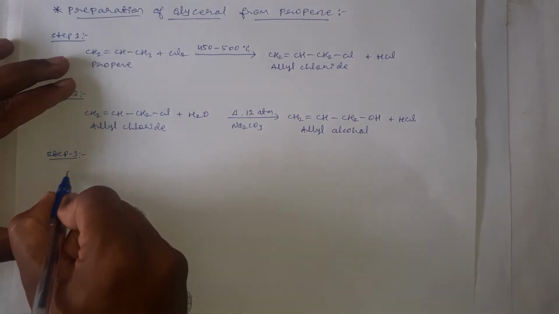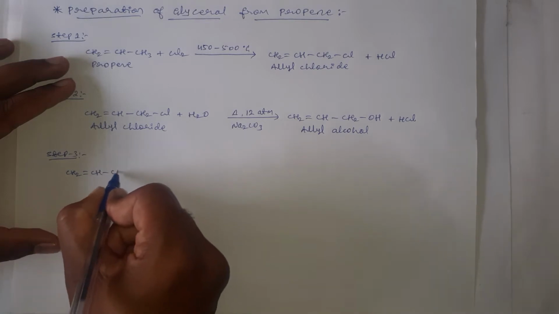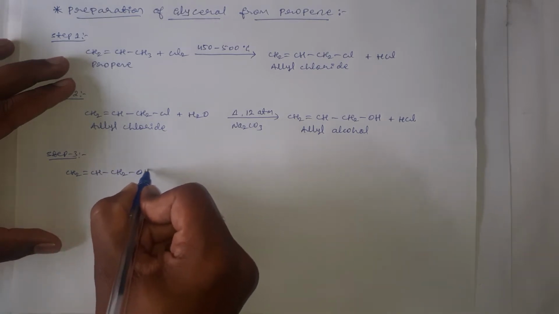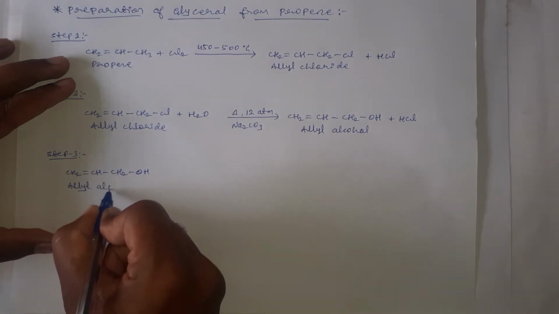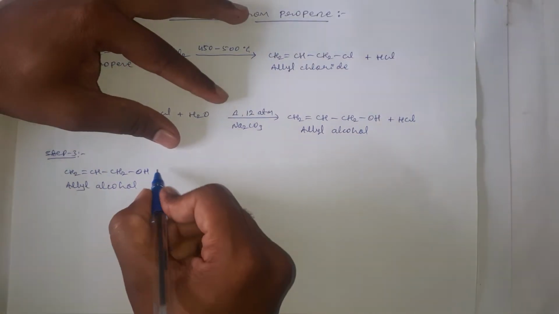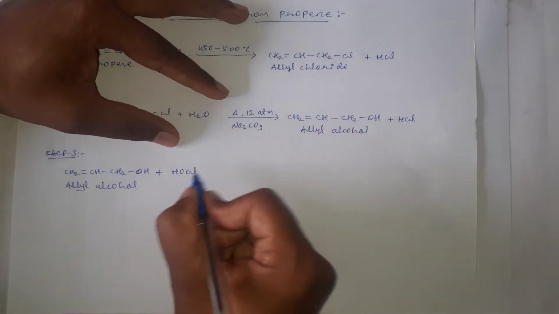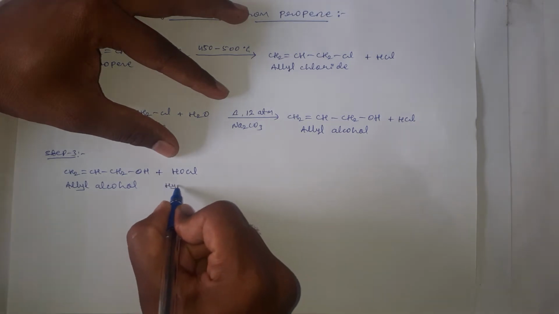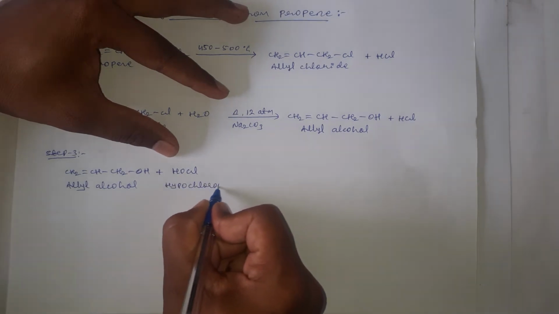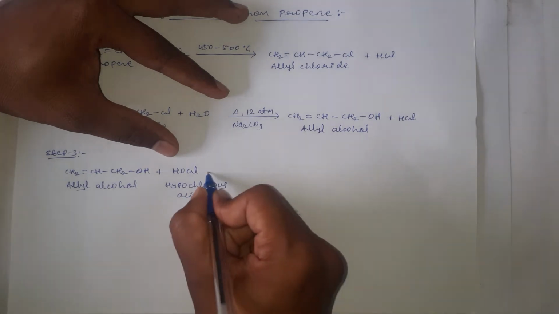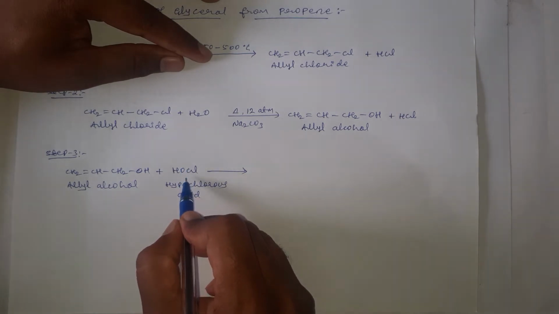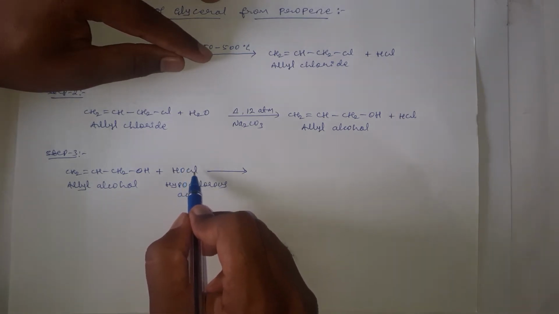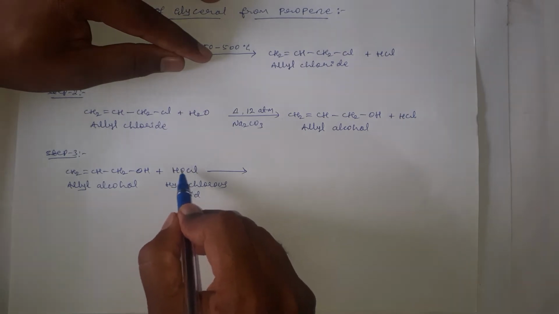And the last step, step number 3. This allyl alcohol, CH2=CH-CH2OH, when treated with hypochlorous acid, that is HOCl, which is a polar molecule with a positive and a negative part. Here the negative part is chlorine, Cl minus, and the positive part is OH plus.